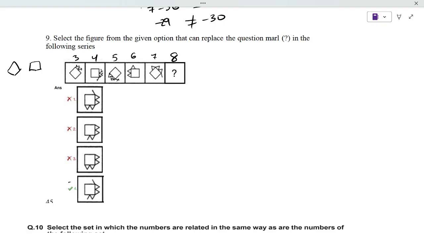So let's check. 1 2 3 4 5 6 7 8 and 9. Cancel. We need 8. 1 2 3 4 5 6 and 7. This is wrong. 1 2 3 4 5 6 7 8. This might be the answer. So we have 8 here, right?